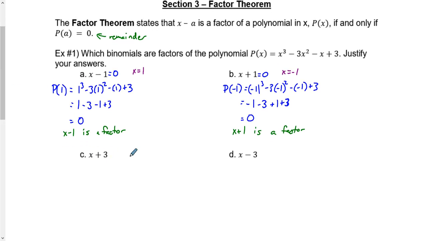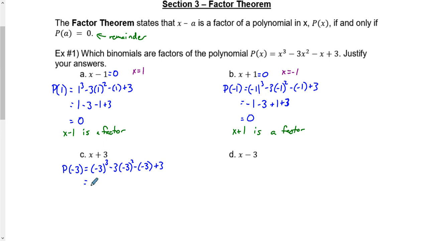We can do the exact same thing on this one. Well, I don't have to write this equals 0 and solve it. I know that it equals 0 at negative 3. So we're going to plug negative 3 into this polynomial. So negative 3 cubed, subtracting 3 multiplied by negative 3 squared, subtracting negative 3, adding 3.